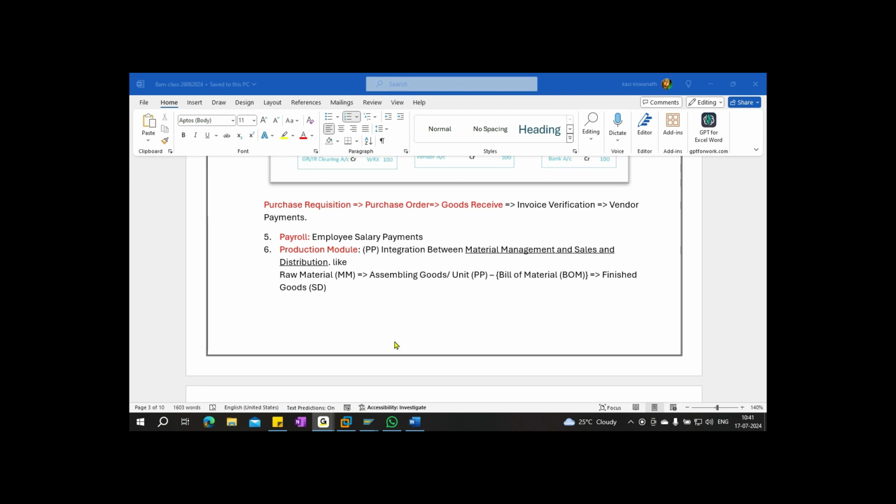Next, the production module. Integration between raw material and finished goods.